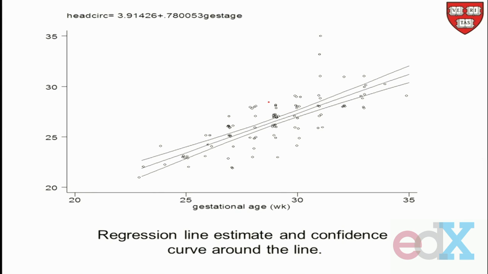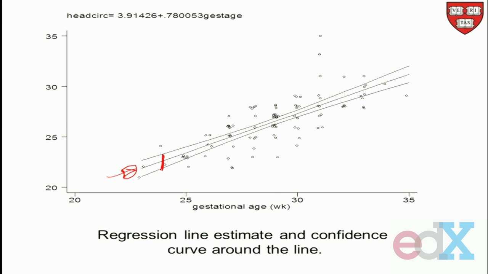Now, we can also put a confidence curve around the line. The line gives us the mean, and we can put up a confidence interval around it: we're 95% confident that this interval covers the true mean.